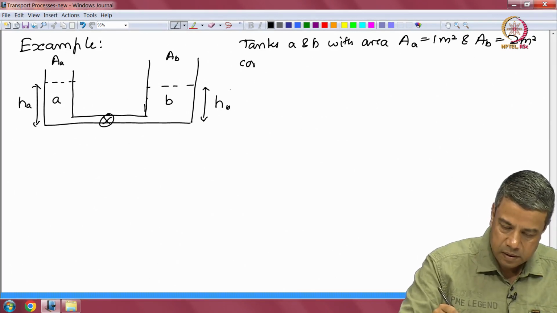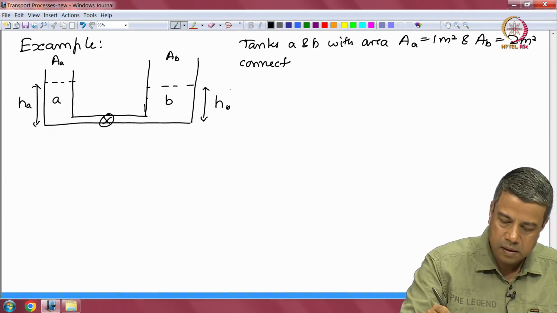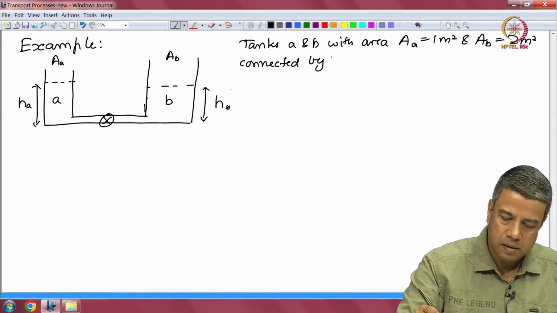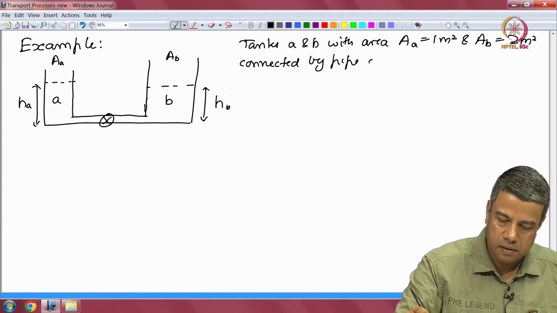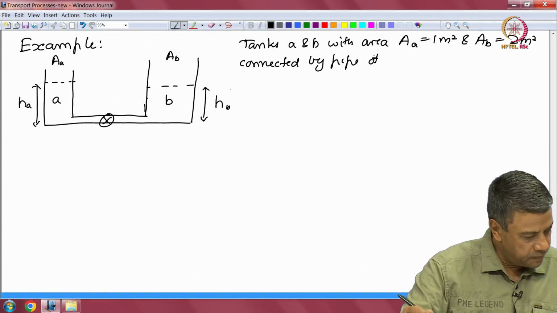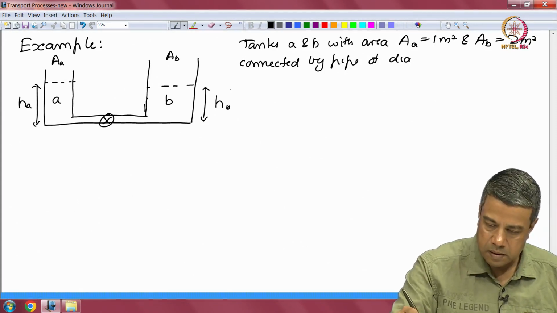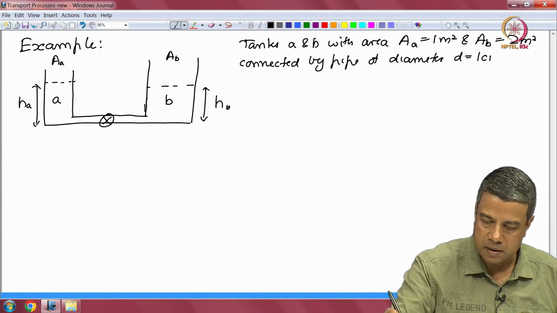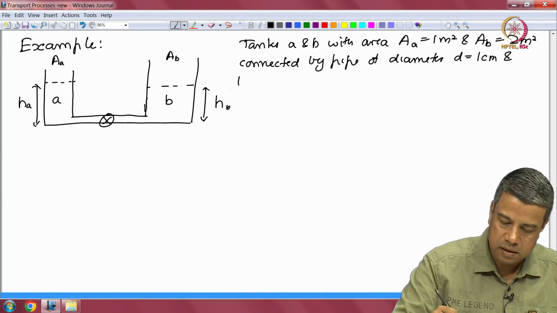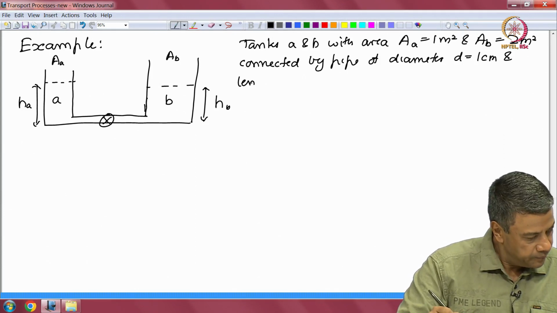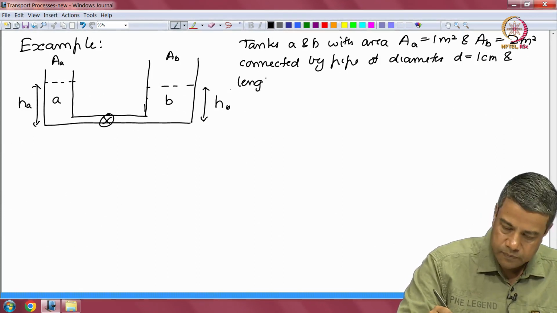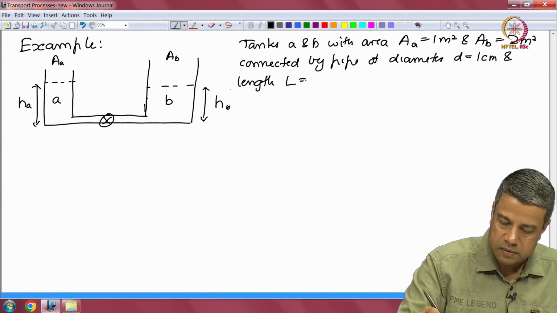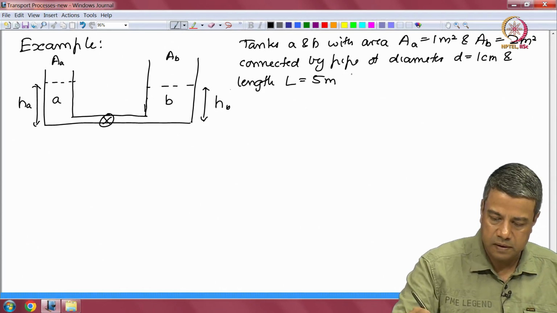Connected by a pipe of diameter D equal to 1 centimeter and length L equal to 5 meters, fitted with a valve.